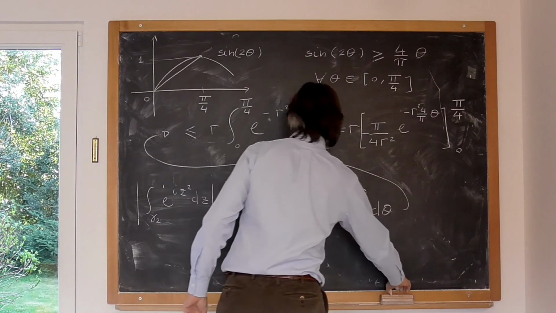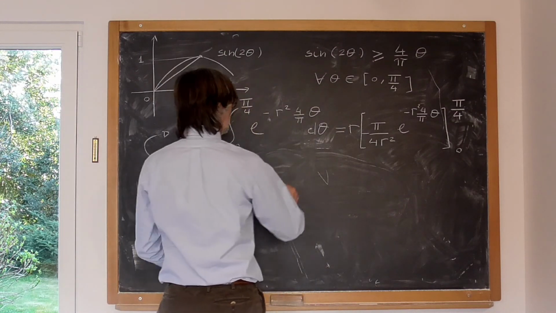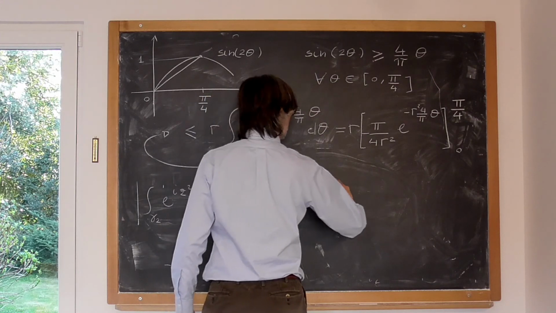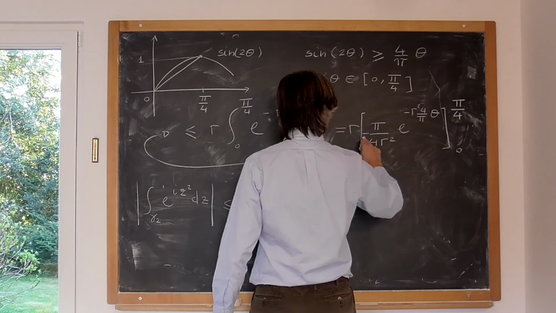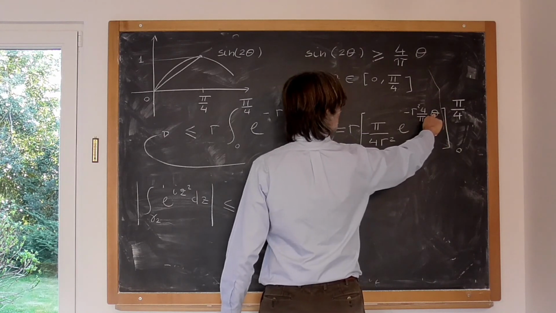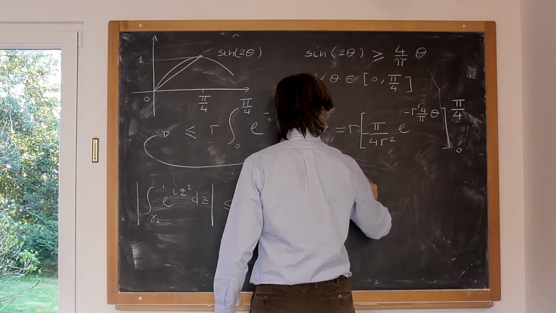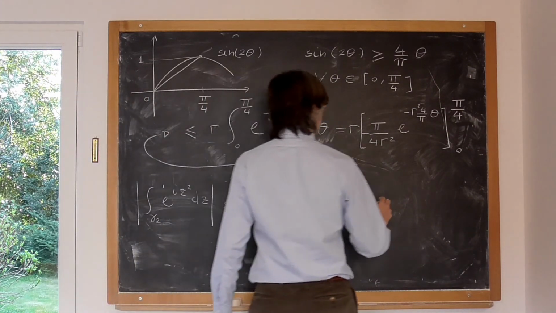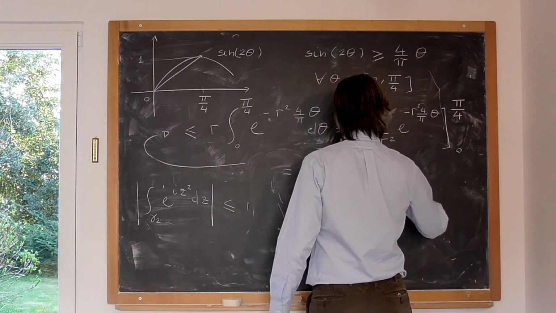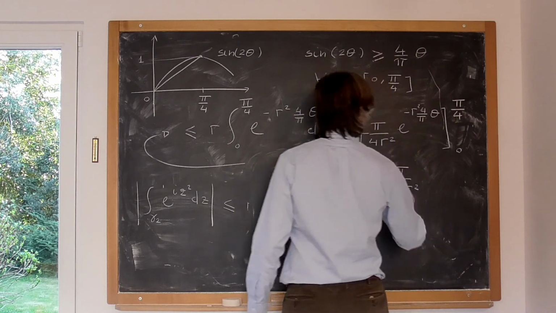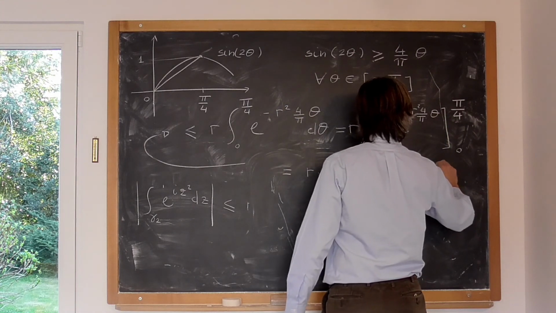This equals r times, for theta equals 0, here we get 1, so here we get pi over 4r squared, minus pi over 4r squared times, when theta is pi over 4, you will obtain e to the power minus r squared.